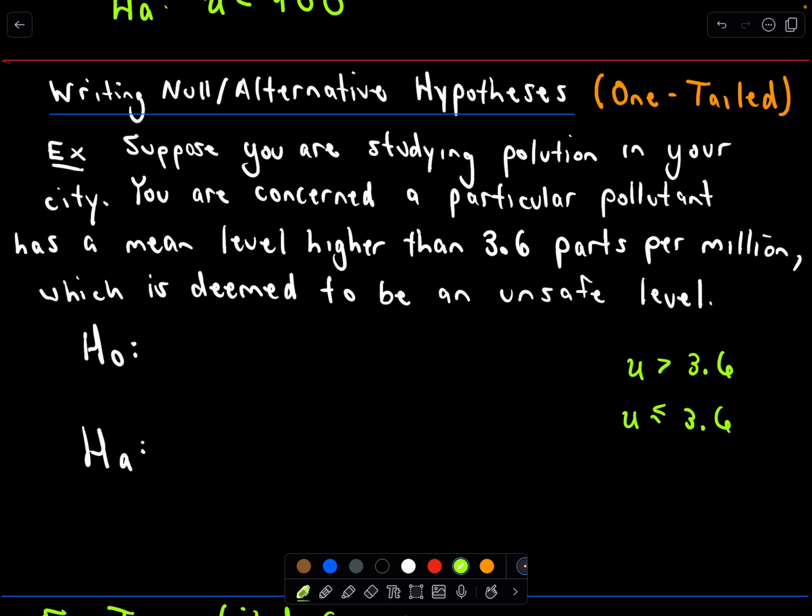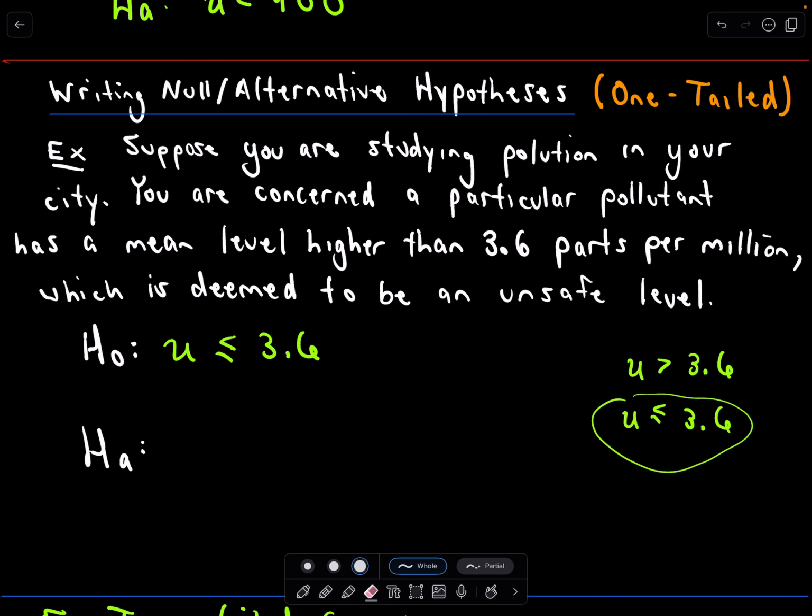Well, we want the null hypothesis to include the equal sign. So our null hypothesis in this case would be that our mean, mu, and that's going to be the level of this pollutant, is less than or equal to 3.6 parts per million. And at that point, that would be deemed safe.